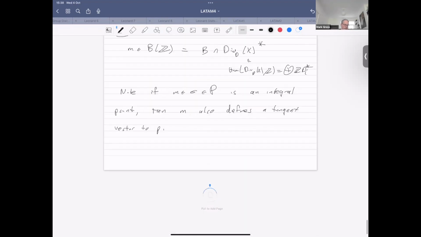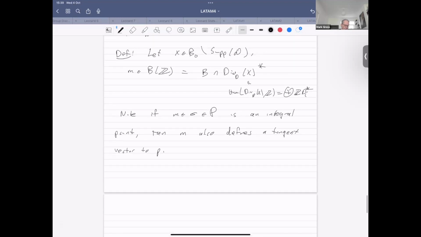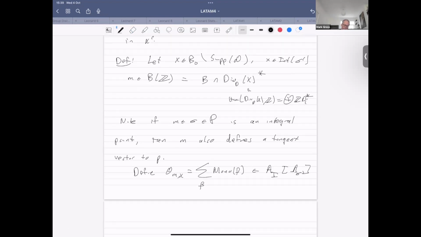Okay, so now I'm going to define theta_{m,x} to be a sum over all beta of some quantity called mono of beta. This lives in, so here I want to fix some ideals, so I'll use A_i[lambda sigma]. Maybe I should use a different sigma prime. Let's say x lies in the interior of some sigma prime. Then I want to work in sigma prime here.